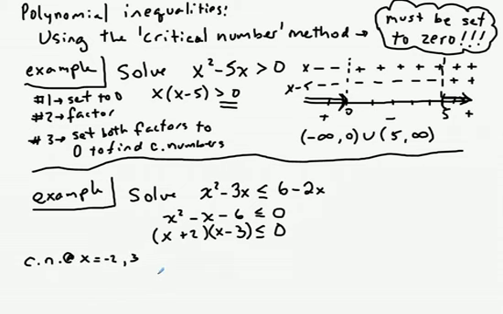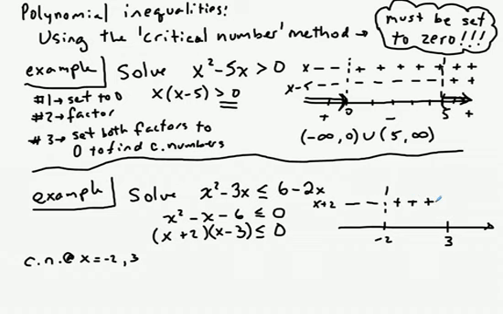So on our number line, we're going to go ahead and plot those. So I go over here to -2, and go over here to +3, and the quantity x plus 2 is going to be a quantity that is negative for all numbers to the left of -2. If you put in -3, for example, you get a negative number.